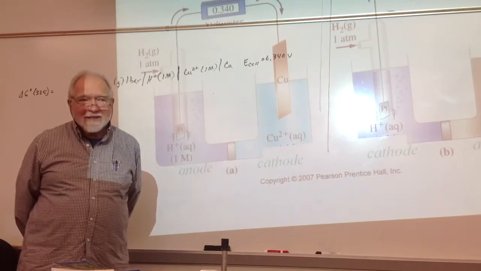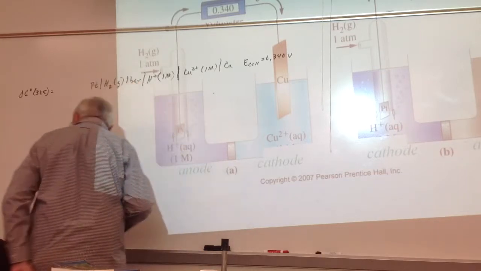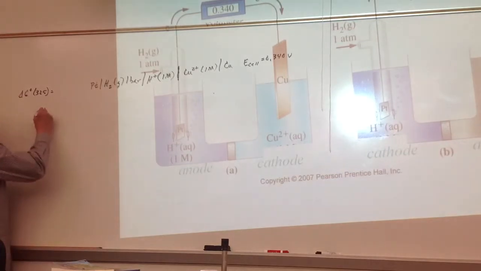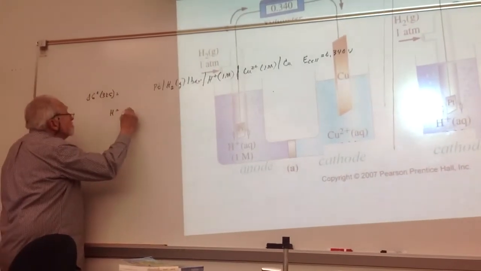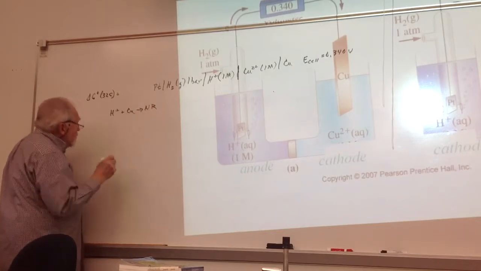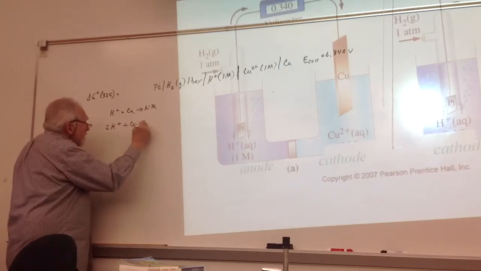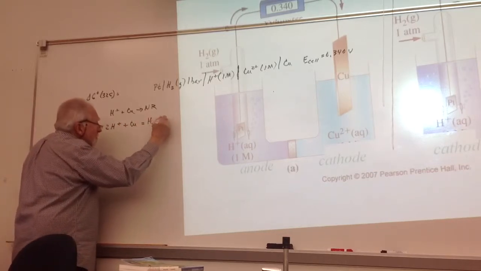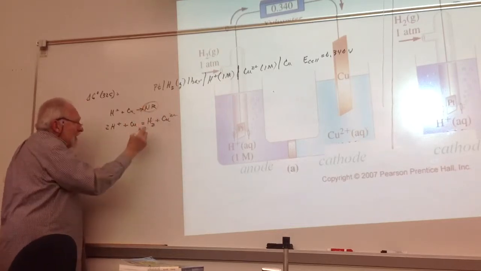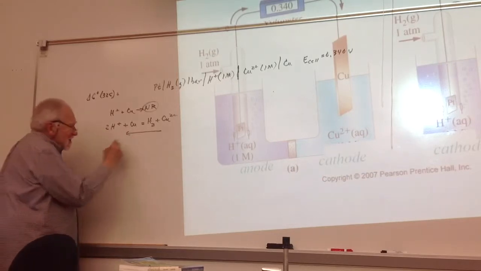Copper metal, HCl. So, this is the potential reaction you could write, but you don't observe a reaction. That means the spontaneous reaction goes in the other direction.